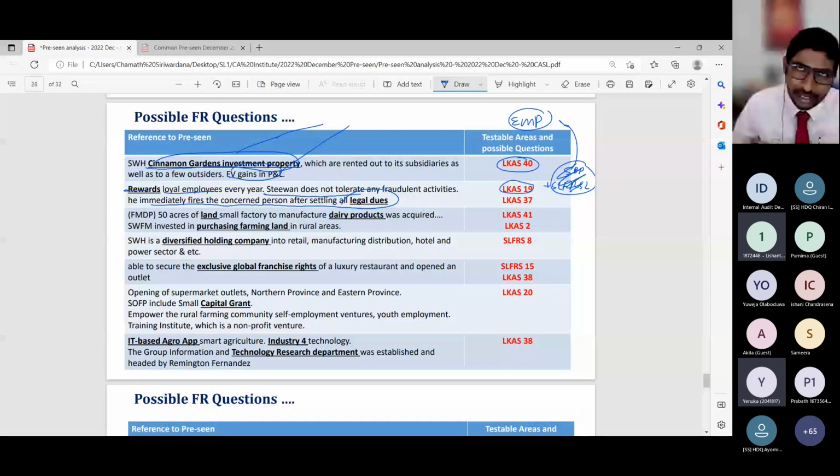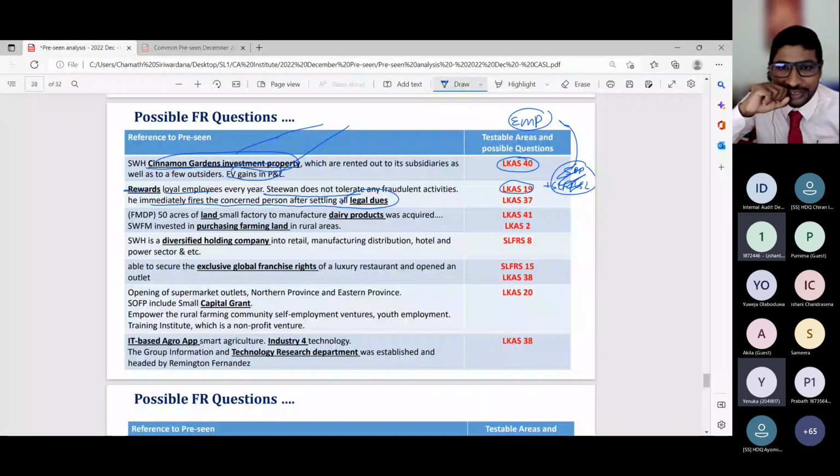Another thing is, here you can see they are firing their employees. If there are any fraudulent activities, they are sending their employees away without any second thoughts. In that case, what will happen? Those fired employees might have some leave claims, or they might go to court to bring legal charges against the company.